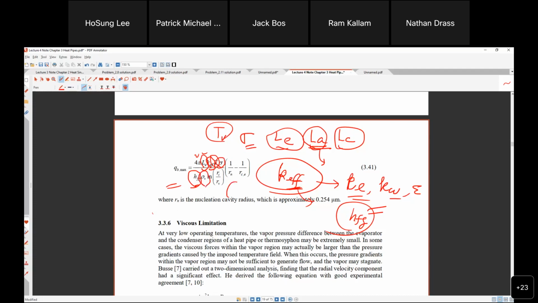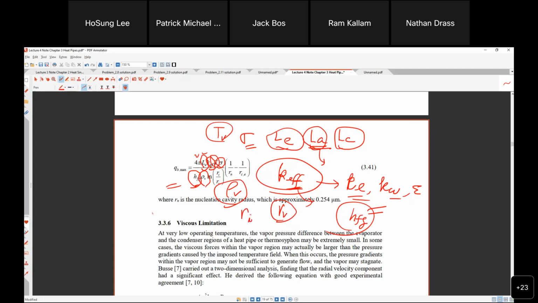What is the rho V? Density of the vapor. Yes. RV, what is the RV? Radius of the vapor. Yes.